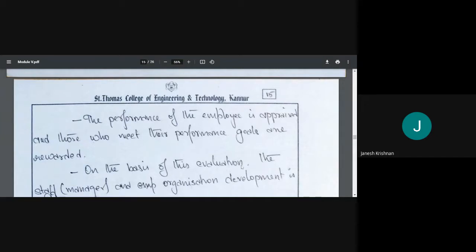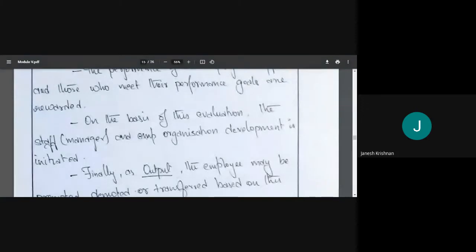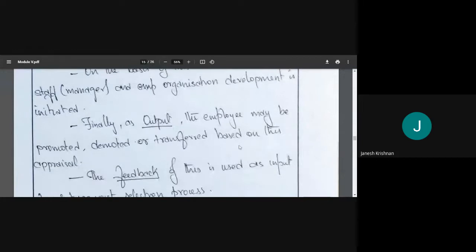On the basis of this evaluation, the manager and the organization development is initiated. If the employee is working well, then the organization will also have development. As output, the employee may be promoted, demoted, transferred based on the appraisal.